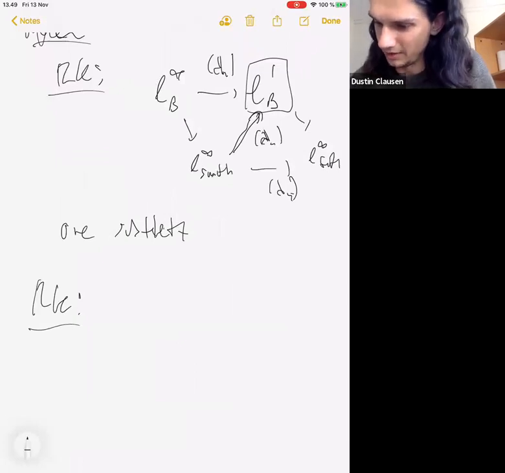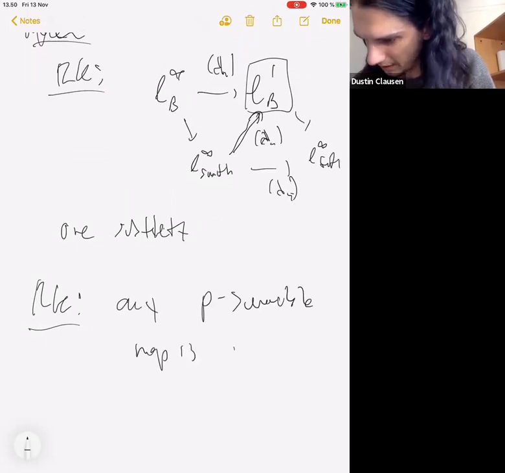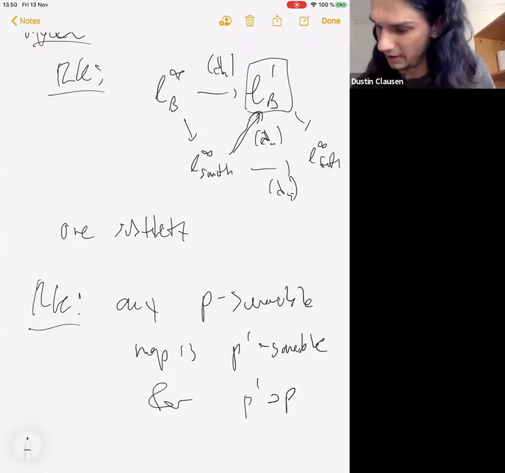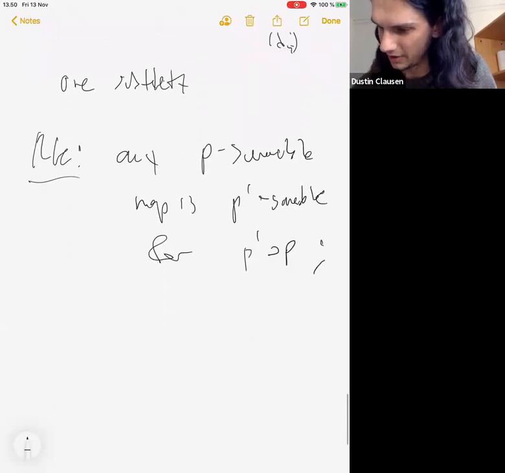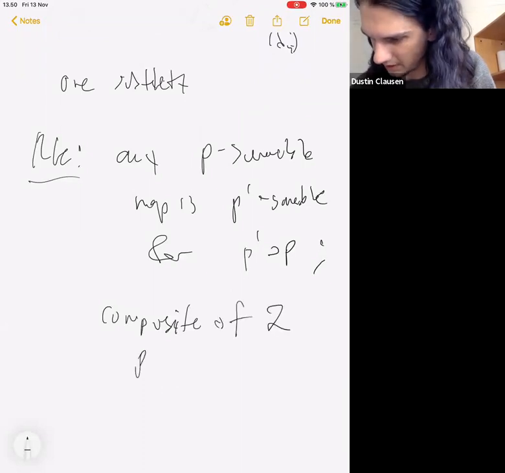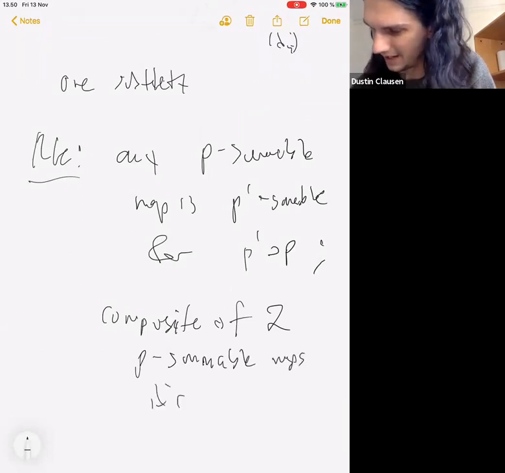Any p summable map is automatically p prime summable for p prime bigger than p. And also, if you take the composite of two p summable maps, there's this Hölder inequality.